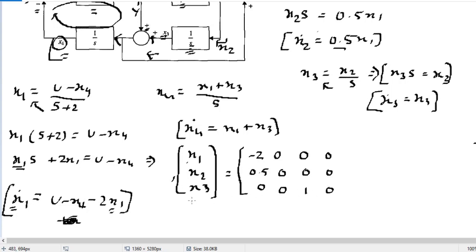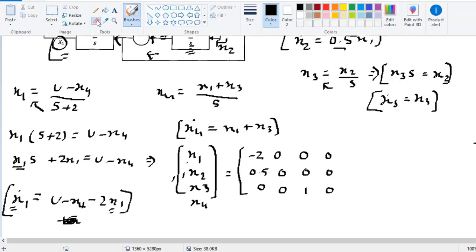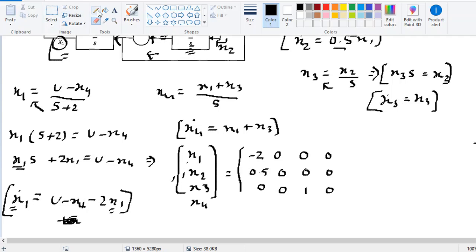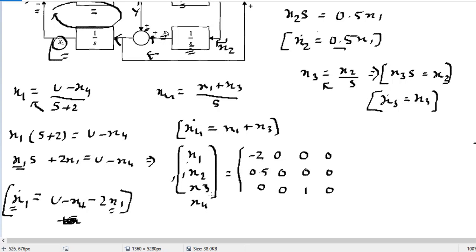Now x4. The x4 expression comes from x1 and x3.